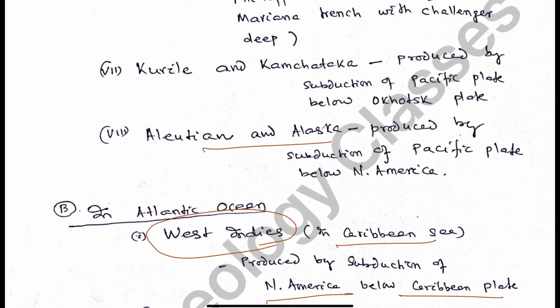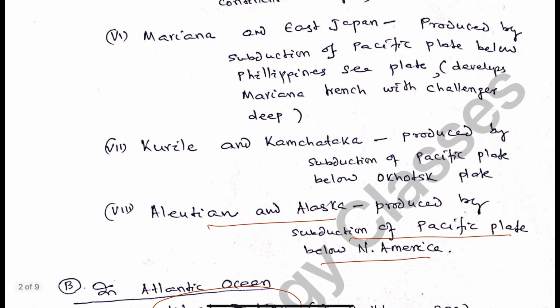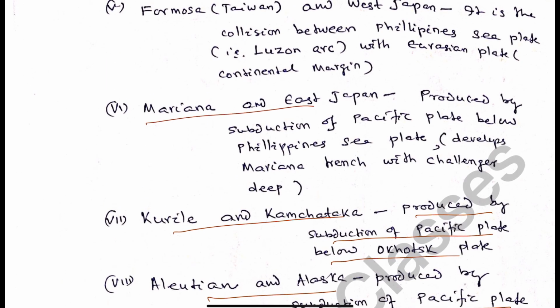The Aleutian Islands are produced by subduction of the Pacific plate below the North American plate. Kuril and Kamchatka Islands have been produced by subduction of the Pacific plate below the Okhotsk plate. Mariana is produced by subduction of the Pacific plate below the Philippine Sea plate.